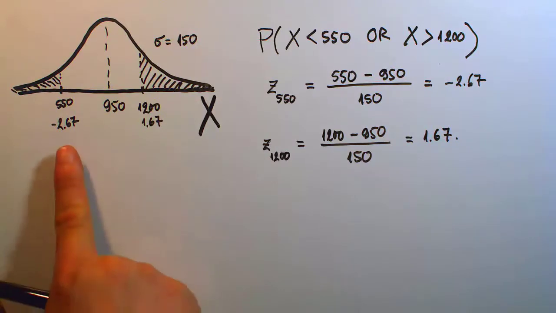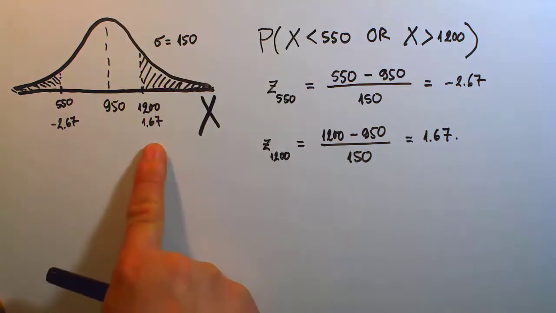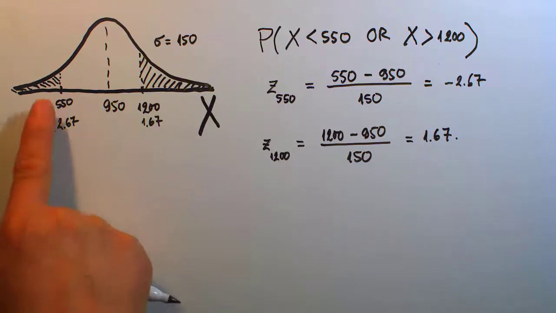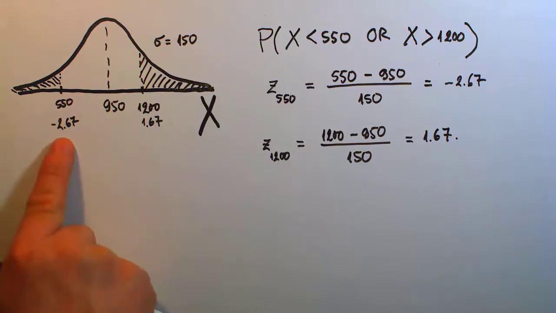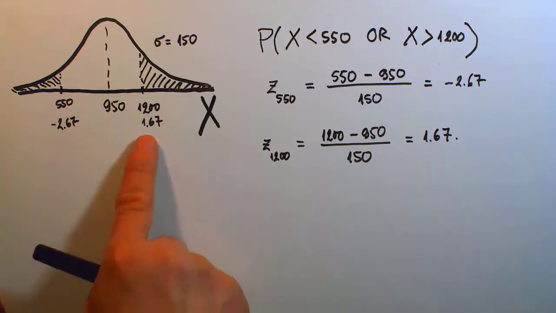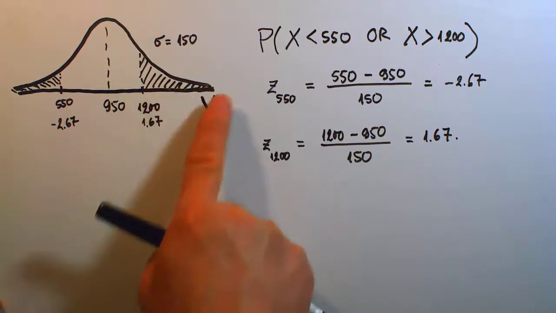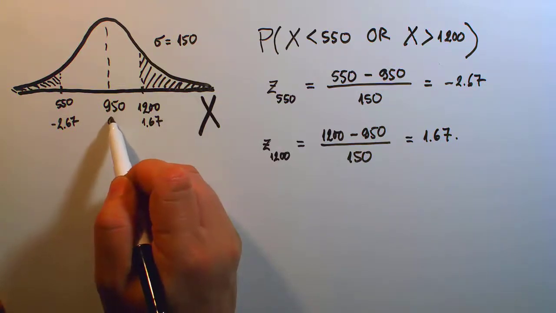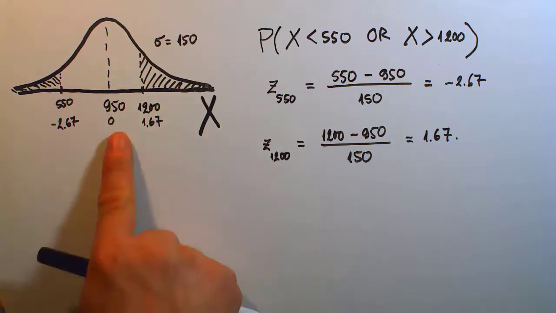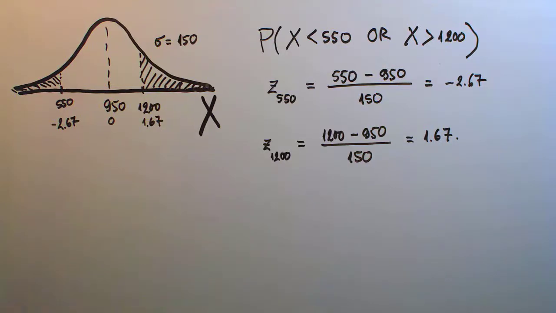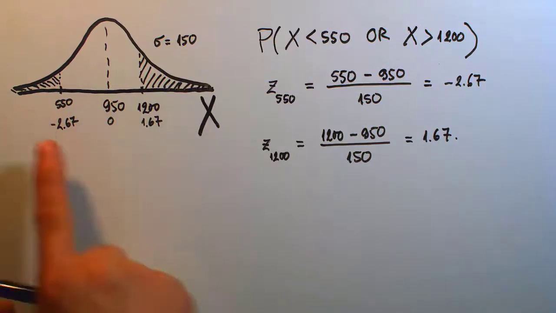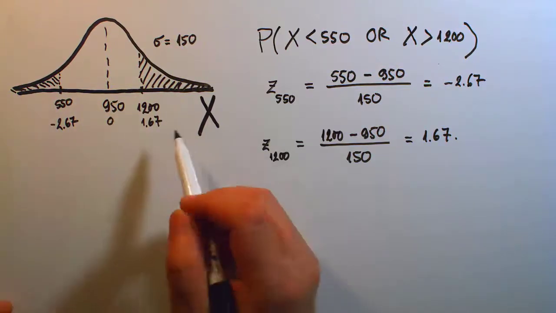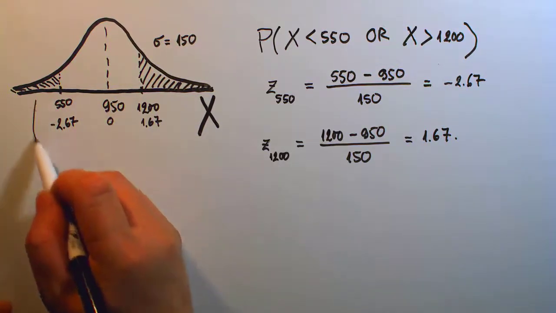Or in other words, on the standard normal distribution, we are looking for the area shaded to the left of negative 2.67 and also the area shaded to the right hand side of 1.67. Remind yourself again, mean value right in the middle is at z-score 0. And so to find each of the individual pieces here, we are going to use our LS&D program.